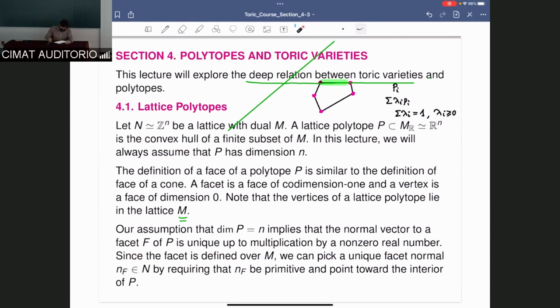So what we are saying is that in this case that it is R2, if we look at the faces of size 1, the perpendiculars to all of those, let me draw a perpendicular to one of those over here, the normal directions, a normal vector is unique up to multiplication by a scalar. But now we have the extra data of being a lattice polytope.